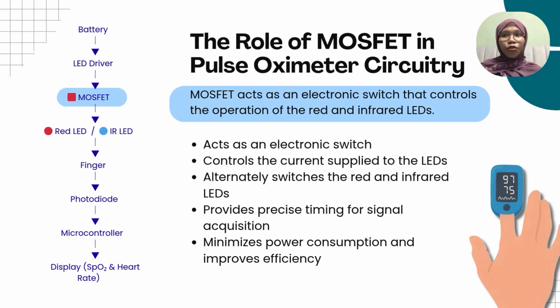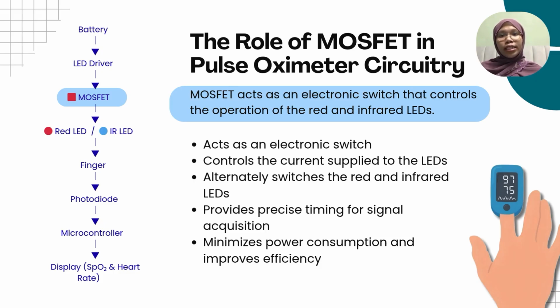This slide shows where the MOSFET is positioned within the pulse oximeter circuit. The battery supplies power to the system, while the LED driver controls the MOSFET. The MOSFET then acts as an electronic switch that regulates the current supply to the red and infrared LEDs.